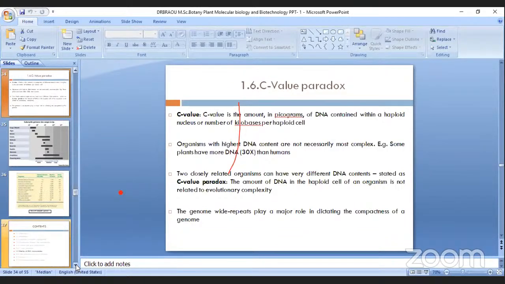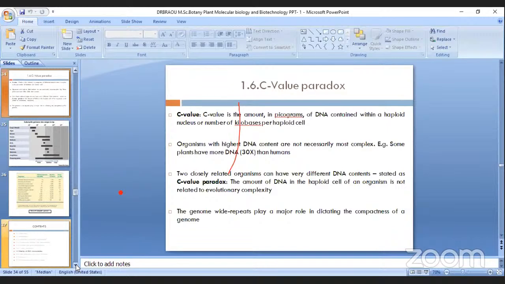Organisms with higher DNA content are not necessarily complex. For example, plants have more DNA than humans, but that doesn't mean plants are more complex than humans, right? Two closely related organisms can have very different DNA contents.